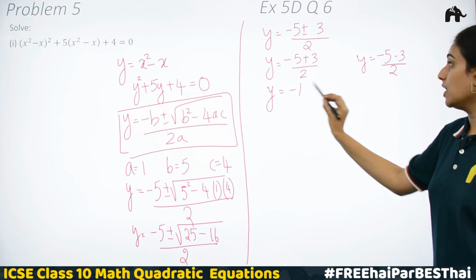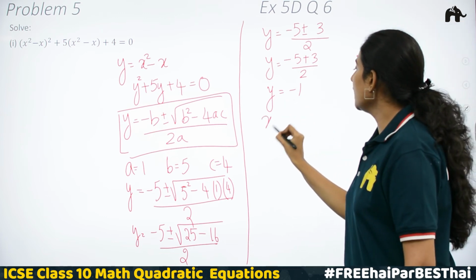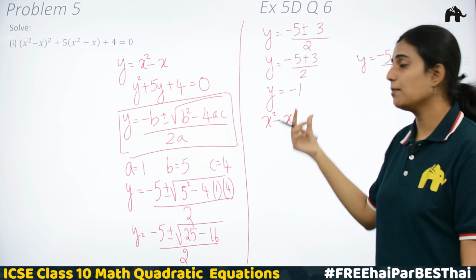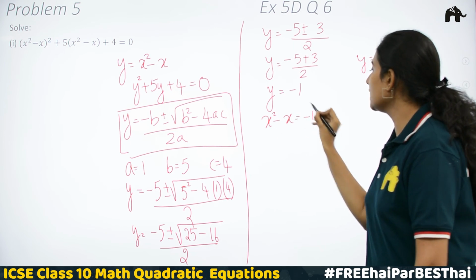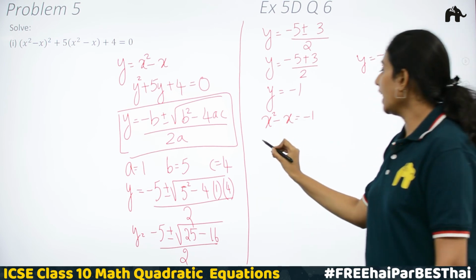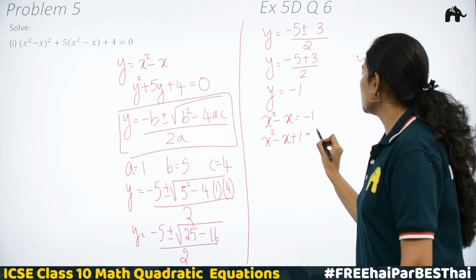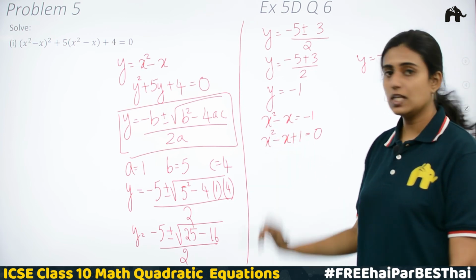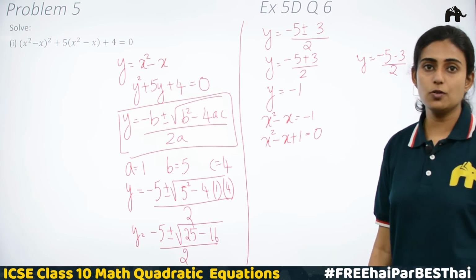When y is equal to minus 1, what is x square minus x? We know y is equal to x square minus x. That is x square minus x is equal to minus 1. X square minus x plus 1 is equal to 0. Again use the formula. Here a is equal to 1, b is equal to minus 1 and c is equal to 1.